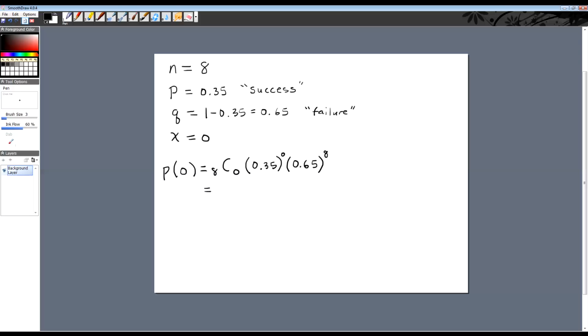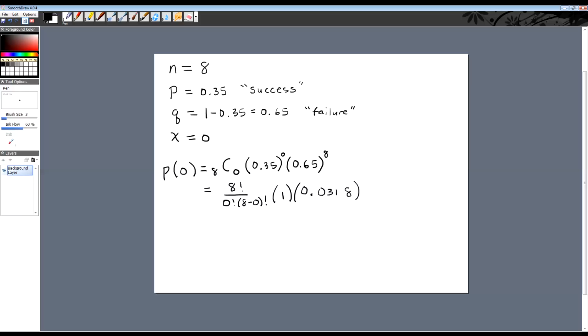So 8 choose 0 is 8 factorial divided by 0 factorial, 8 minus 0 factorial, times 0.35 to the 0 power, which is 1, and 0.65 to the 8th power is 0.0318.